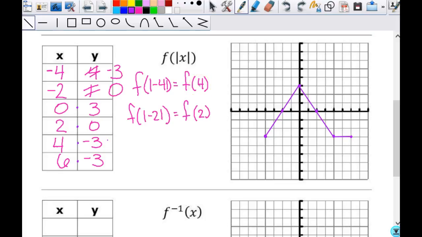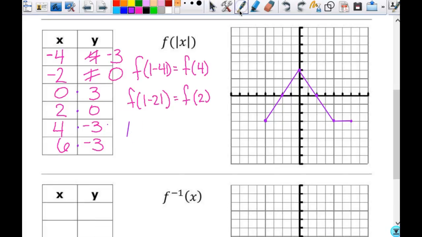Okay, so let me say this again. If you take f of 4, that means I'm plugging in 4, right? I'm taking f of the absolute value of -4. So you have to work from the inside out, right? So I have to take the absolute value before I can do anything else. So the absolute value of -4 is 4.